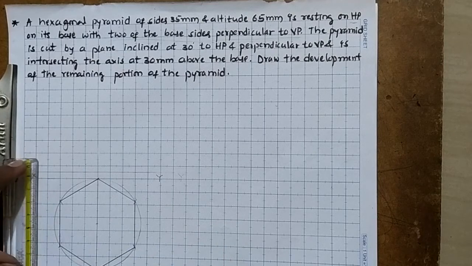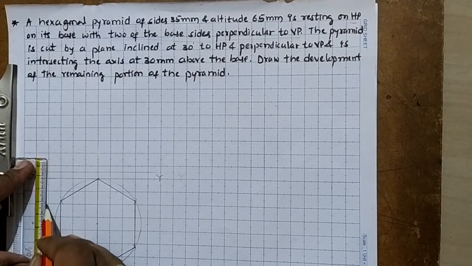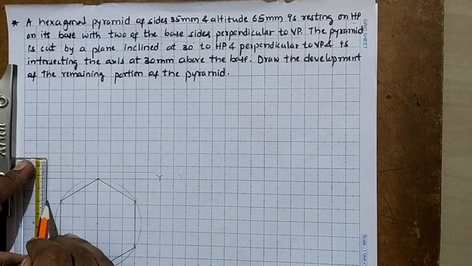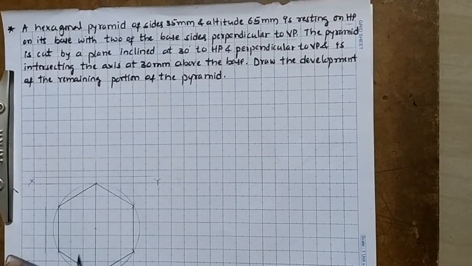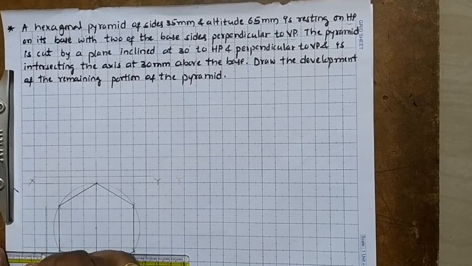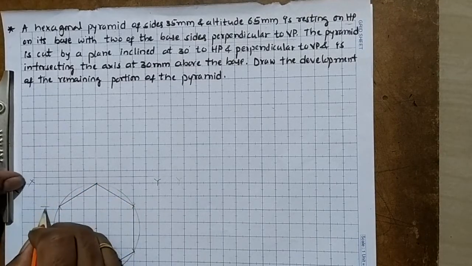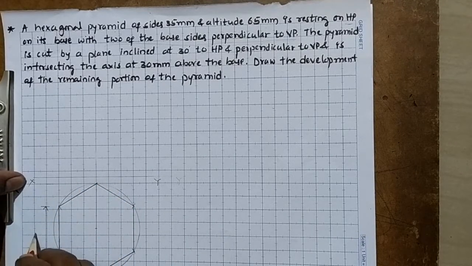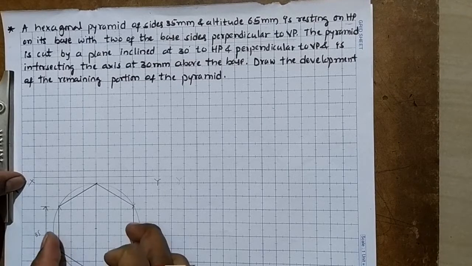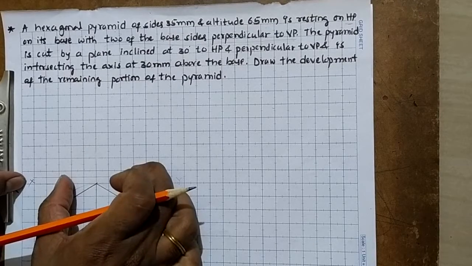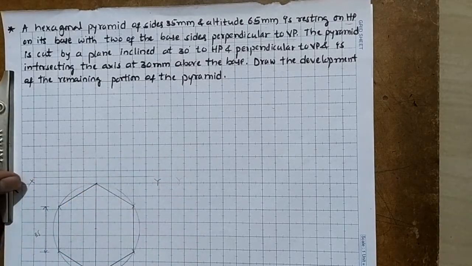The length of the side 35 is given. Two of the base sides are perpendicular to VP, that is, perpendicular to the XY line.